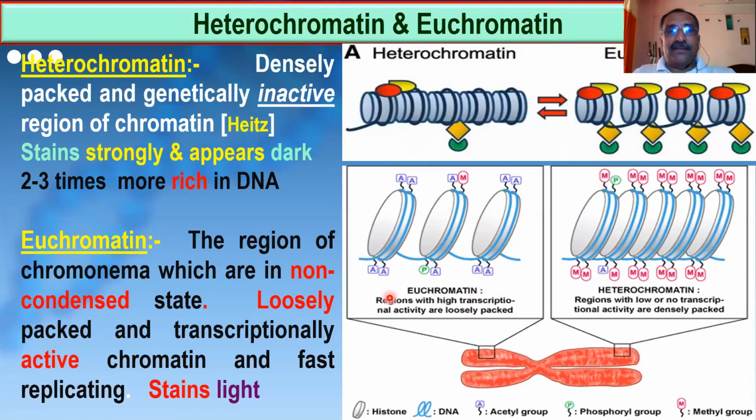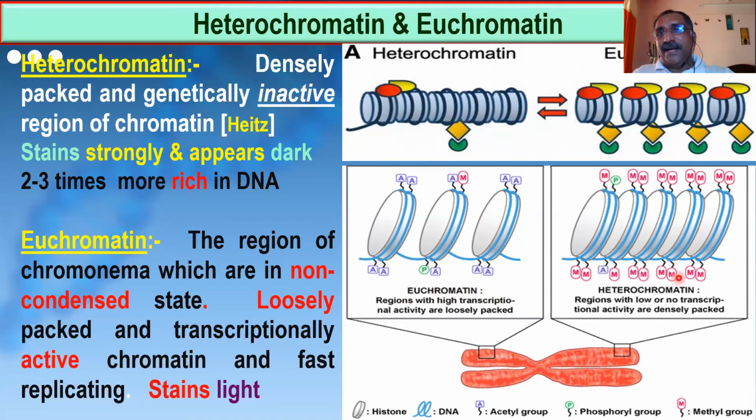So this is euchromatin. When you say euchromatin, remember 4 points. One, loosely packed. Second, non-condensed. Third, this is the active part of the chromatin. And fourth, it takes less stain or light staining.